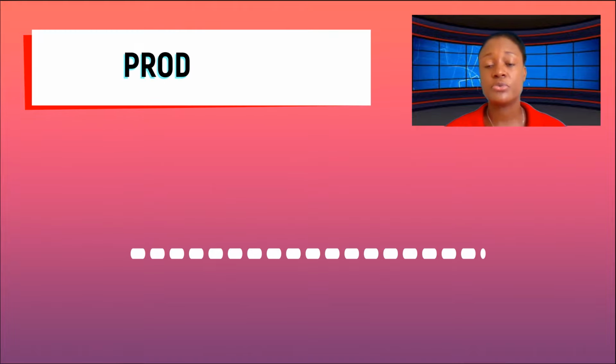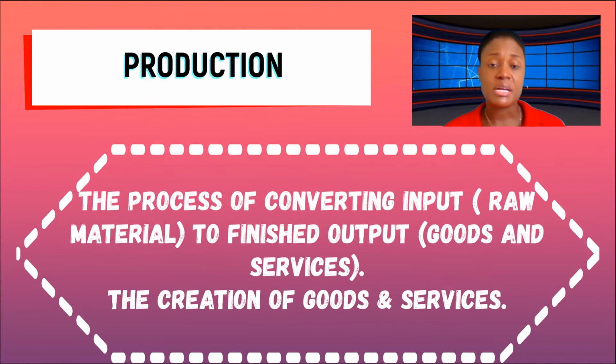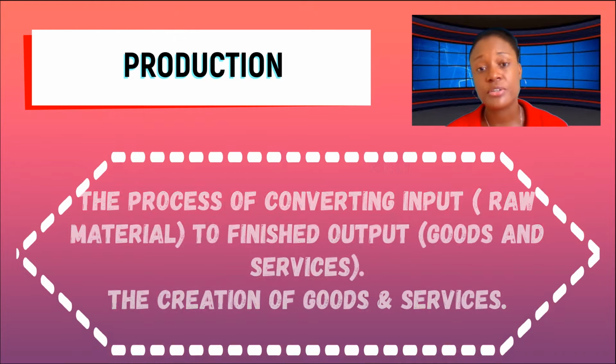Production is the process of using certain inputs, such as material, and converting it to goods and services, which we'll consider to be the output. So, we can say that production is the creation of raw materials or the converting of raw materials into finished or semi-finished goods. So we can say that production is the creation of goods and services.